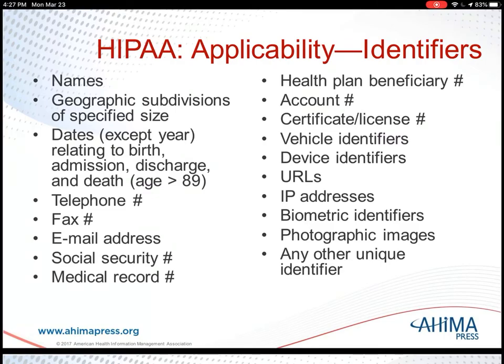So, you can't come up with a code that might be my first initial, my middle initial, my last name, and my date of birth. That's just not going to cut it. That's very easy to identify who that patient might be. It also has to ensure that the code is not used for any other purpose and does not disclose the mechanism for re-identification in any way.